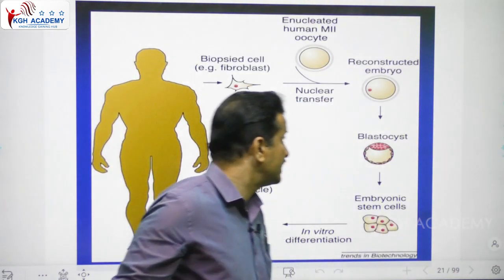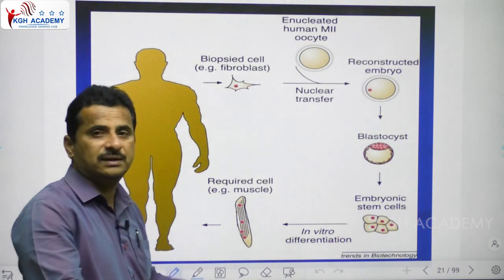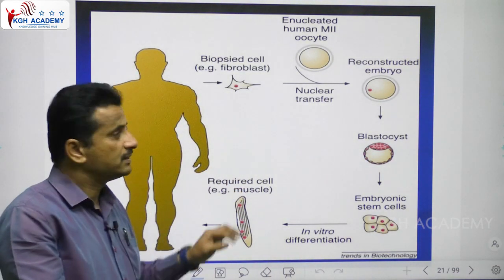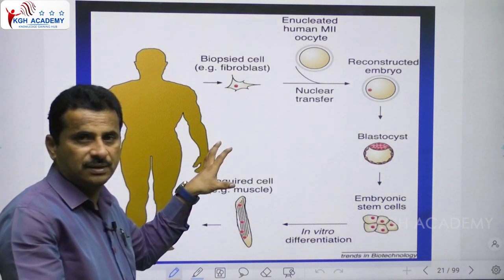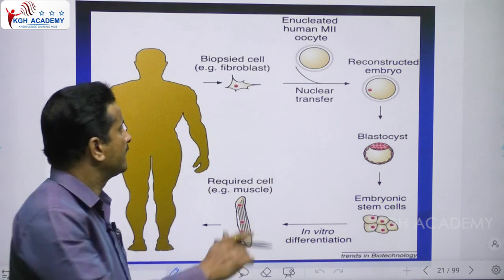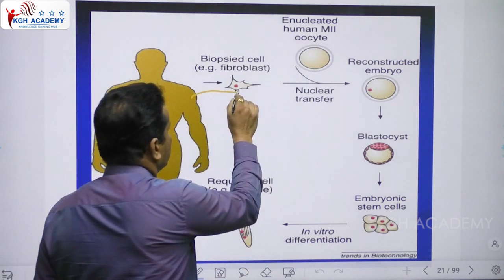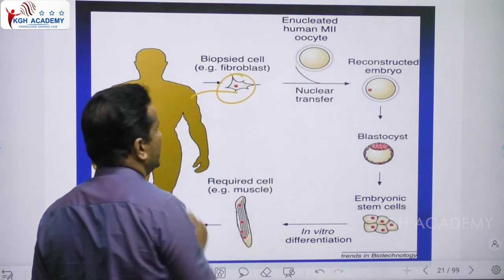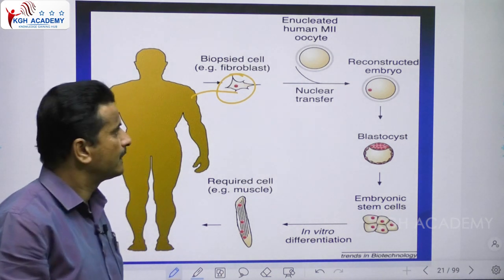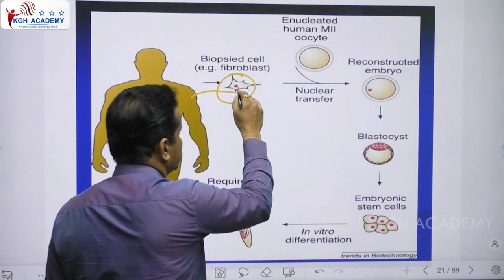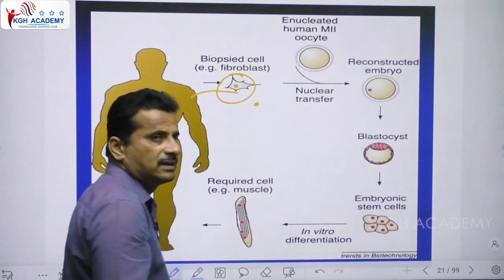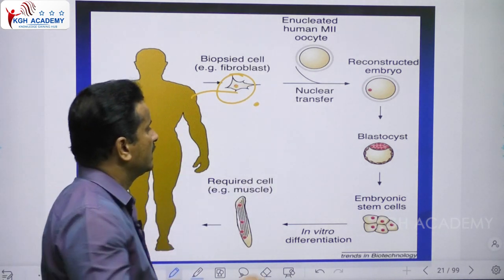To understand this, here I am giving a slide. This is therapeutic cloning. Here what are we doing? We are isolating a body cell, a somatic cell, and separating the nucleus.